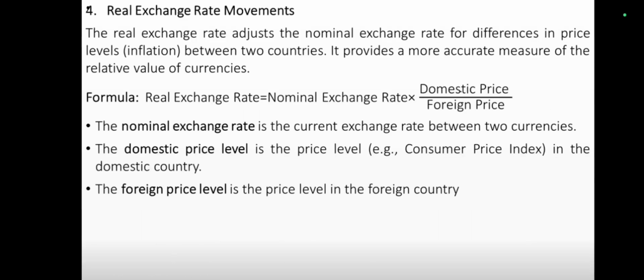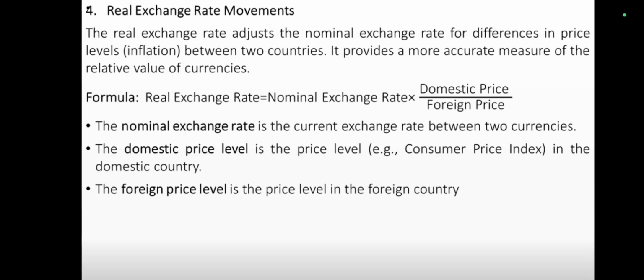Next we have the real exchange rate movement. The real exchange rate is nothing but the nominal exchange rate adjusted for the differential in price levels between two countries. We know that in the nominal exchange rate movement we are not considering the inflation rate or any other economic factors, but in the real exchange rate movement we consider the levels of inflation between the two countries, because it is a more accurate measure of the relative value of the currency.